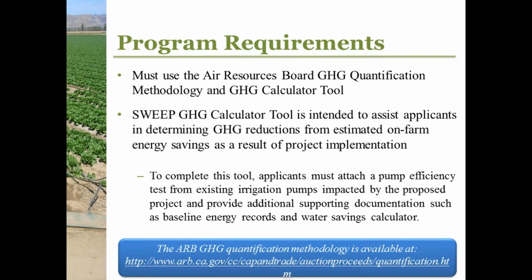It assists applicants with determining their greenhouse gas emission reduction from estimated on-farm energy savings as a result of their project implementation. CDFA environmental scientists will go over this calculator tool following the presentation and do a live demonstration of what the calculator tool looks like and how to complete it, which is also available on CDFA's website.